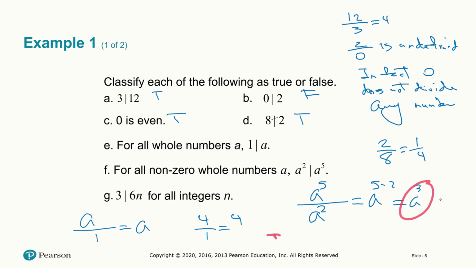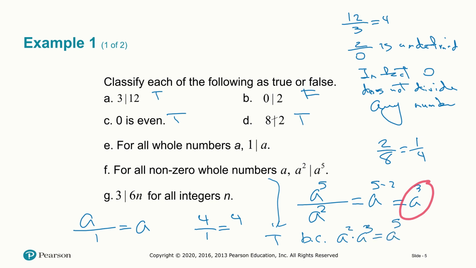Also, notice that if you want to explain it using the definition, you would say it's true because there is a whole number, namely a cubed, such that a squared times a cubed equals a to the 5.